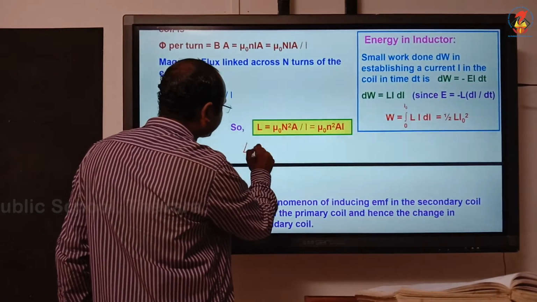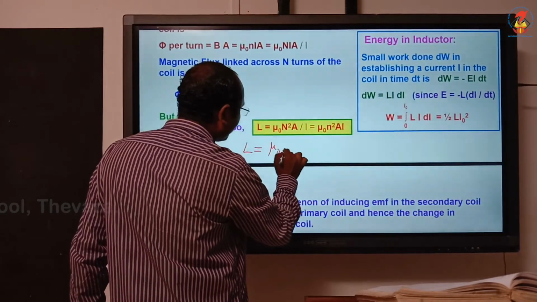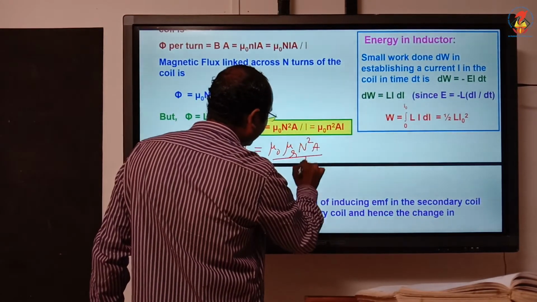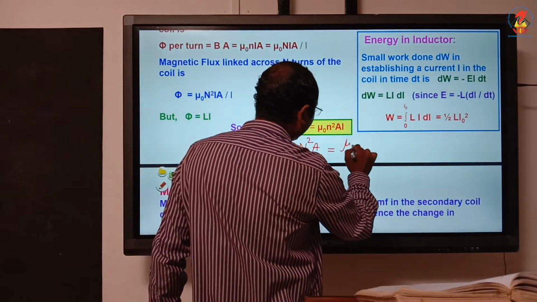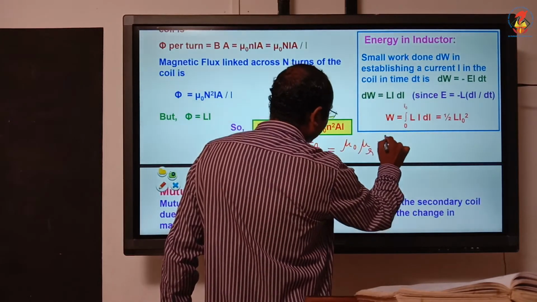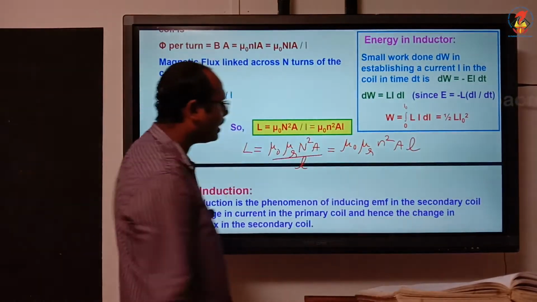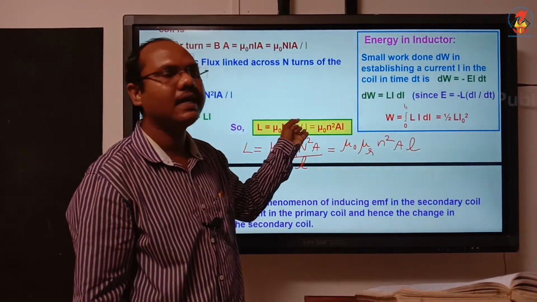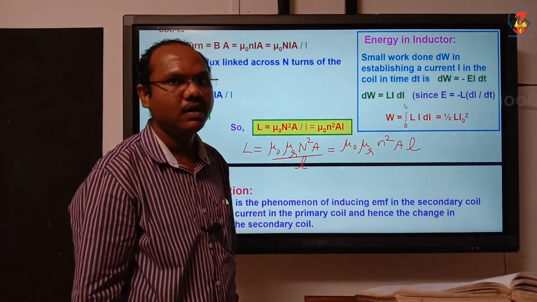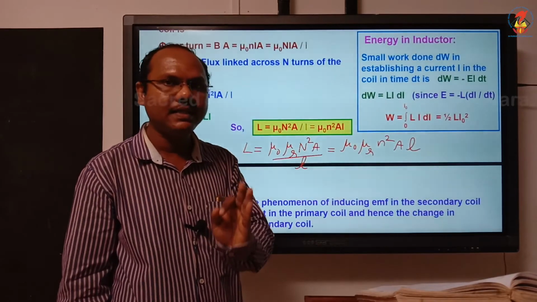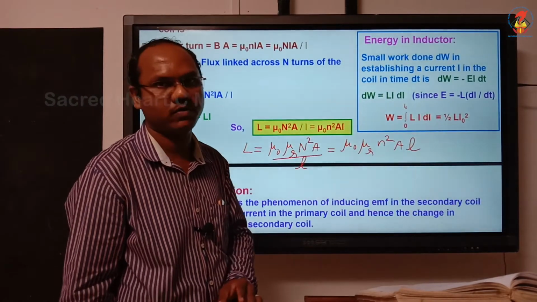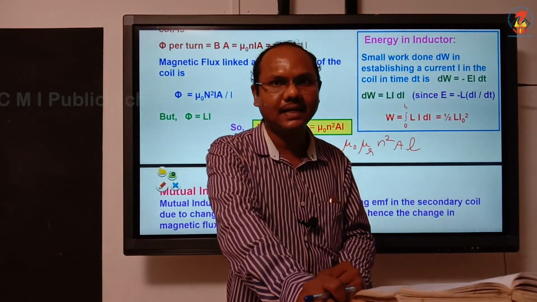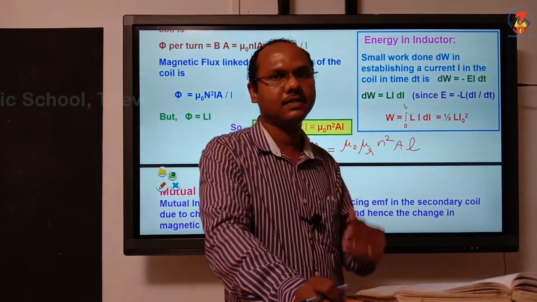L equal to mu 0 mu r N square A by L, or it will be mu 0 mu r n square A L. So the original equation got multiplied with mu r, where mu r is the relative permeability of the iron core. So the self-inductance will increase.